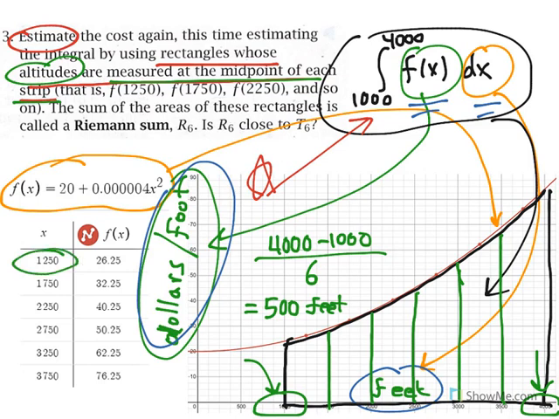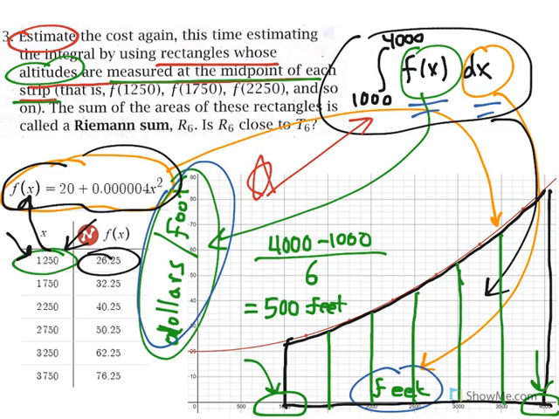And the height of the rectangle at that x value would be given by the function evaluated at 1,250, which will give you 26.25. And in the context of the problem, what that means is if you are drilling at a depth of 1,250 feet below the surface, for each additional foot at that depth, it will cost you $26.25.